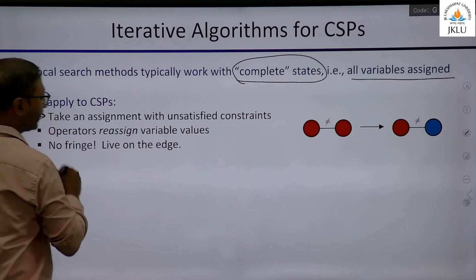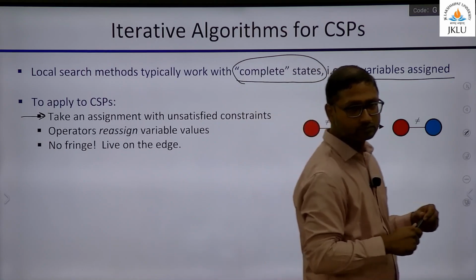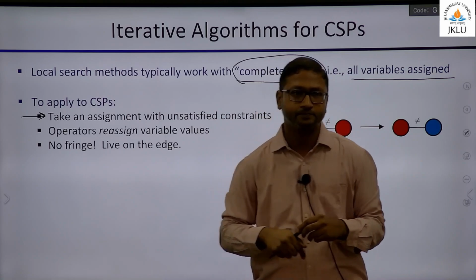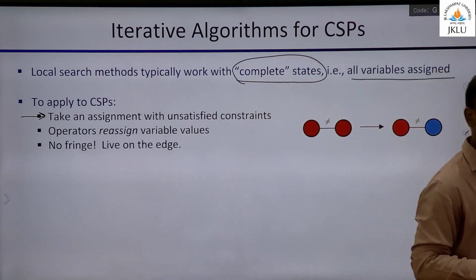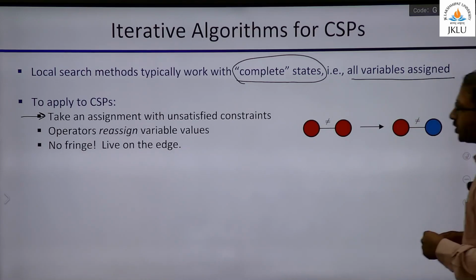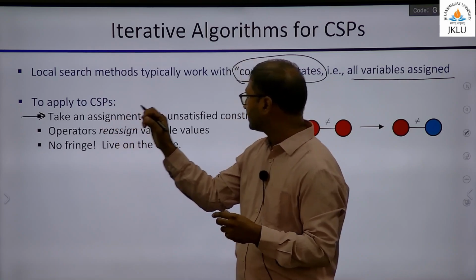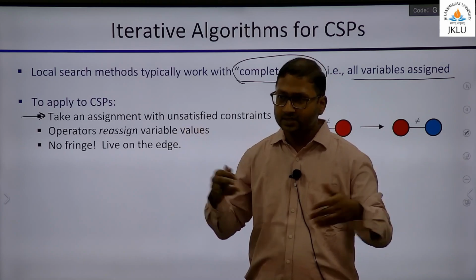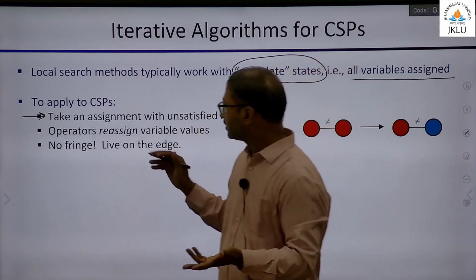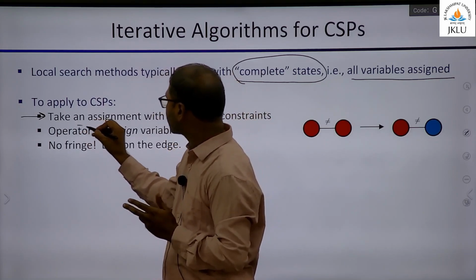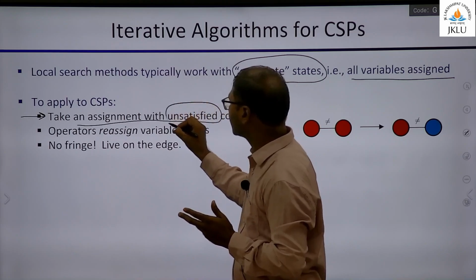Why would one do that? Why this statement? So if you have an assignment that already satisfies the constraint, then there is nothing to do. Okay. So you have to assume the other way around, that you take an assignment with unsatisfied constraints.